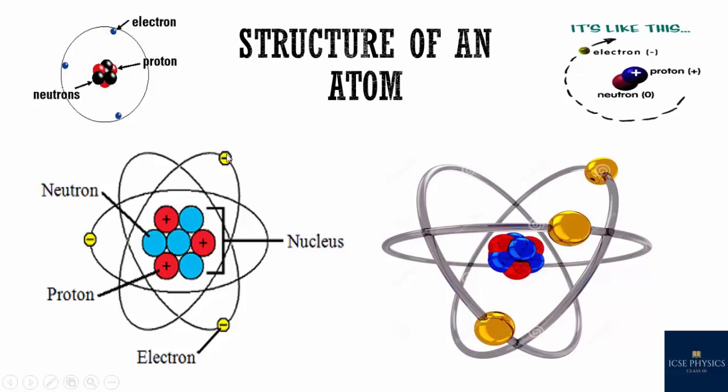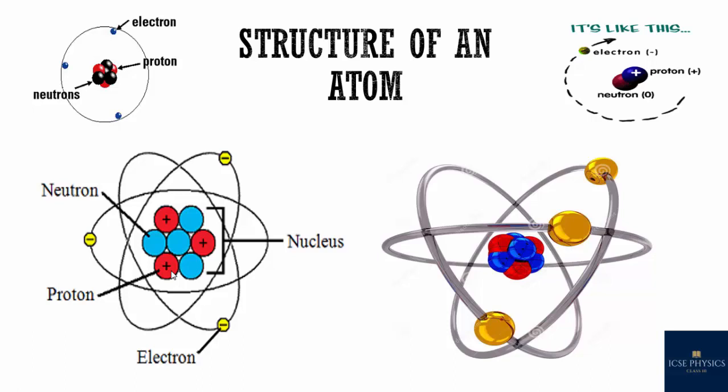The charge of an electron is minus 1.6 into 10 to the power minus 19 coulomb. And the charge on the proton is 1.6 into 10 to the power minus 19 coulomb, which is equal to the charge of the electron, but there is a negative charge on the electron while the charge on the proton is positive.